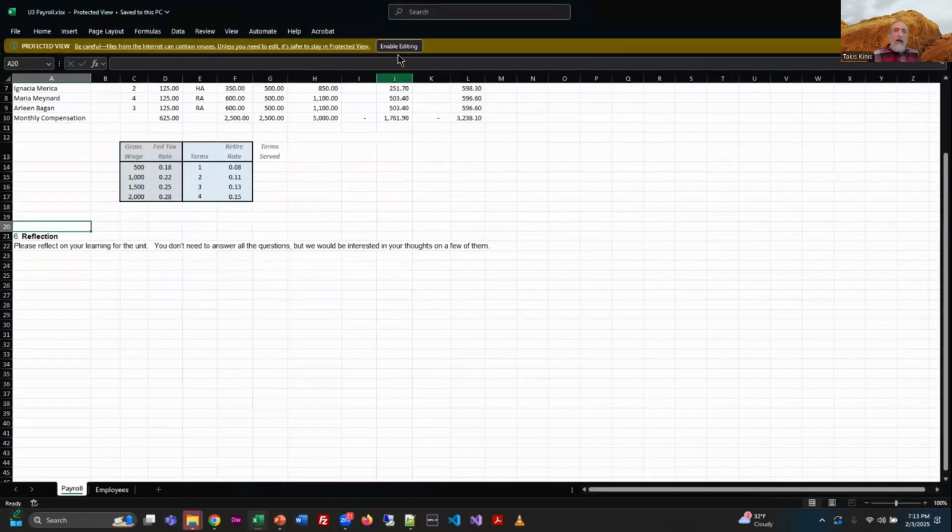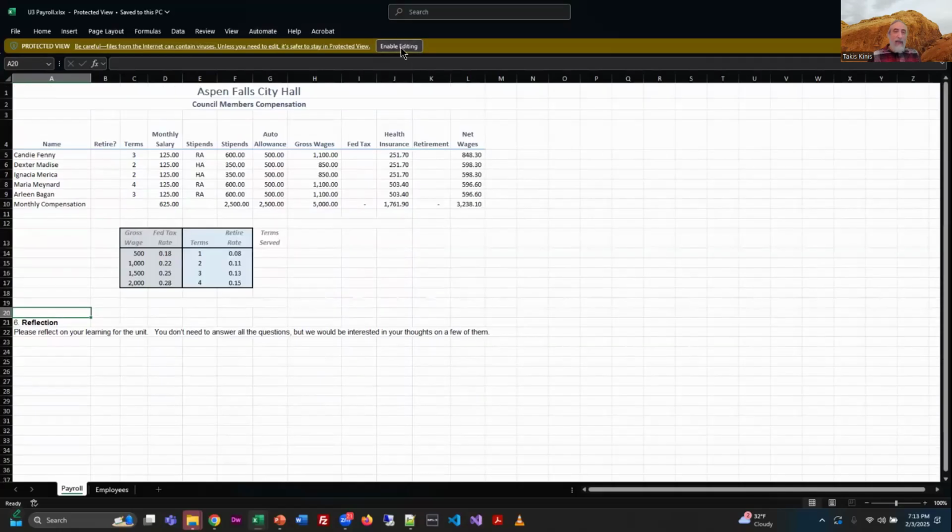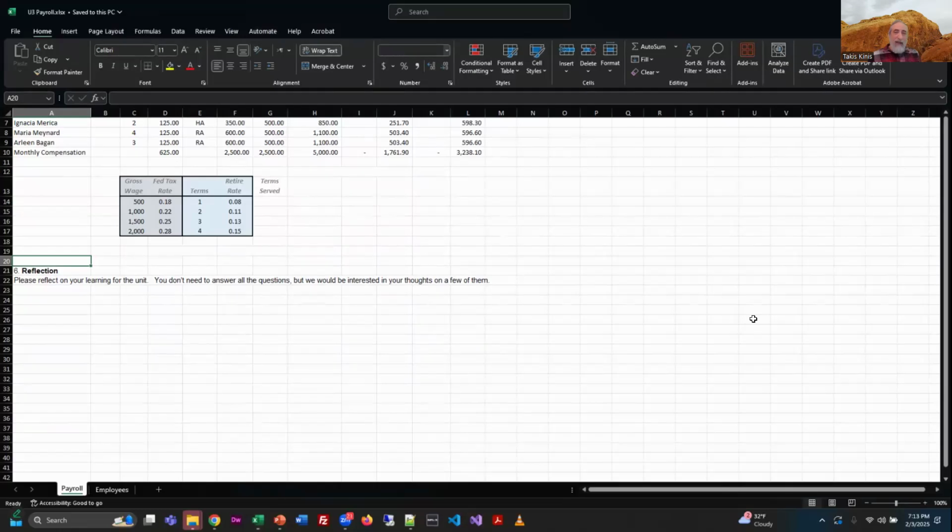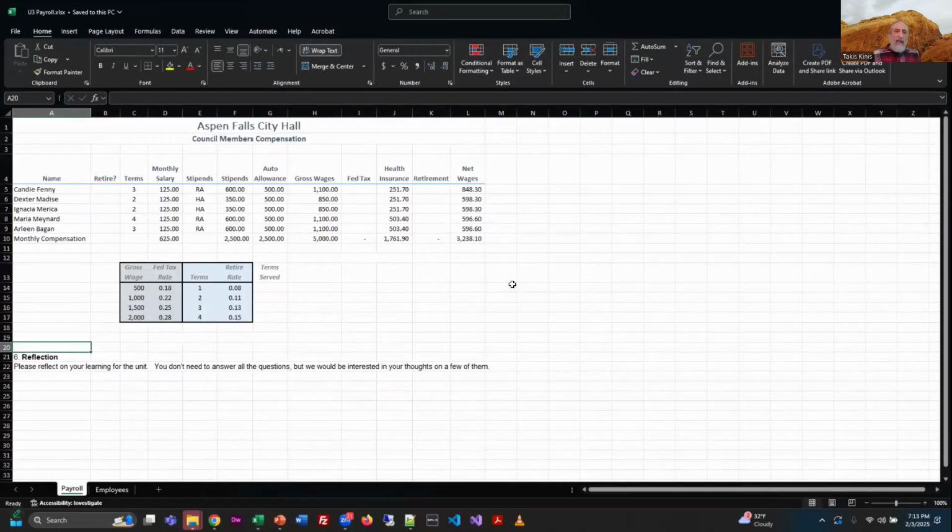This comes from the outside world, so I am going to enable editing, right? One thing we haven't really talked about is, when you get files from the outside world, why do they have them locked from being edited?